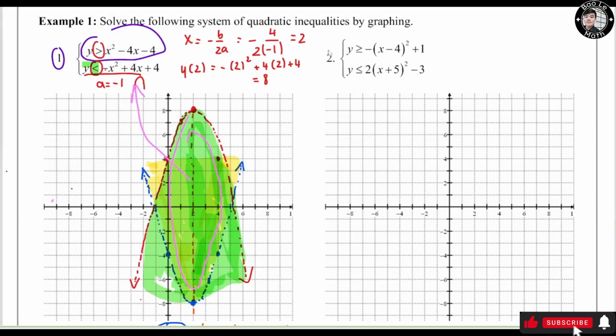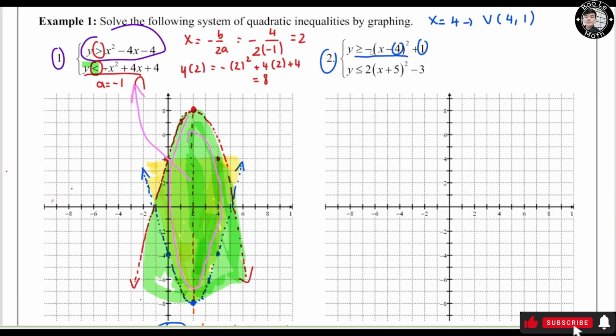Now let's move on to question 2. We're going to do exactly the same thing. For the first one right here, we need to find the axis of symmetry. The axis of symmetry is x equals 4 right here, and the vertex is (4, 1), right here, h and k.